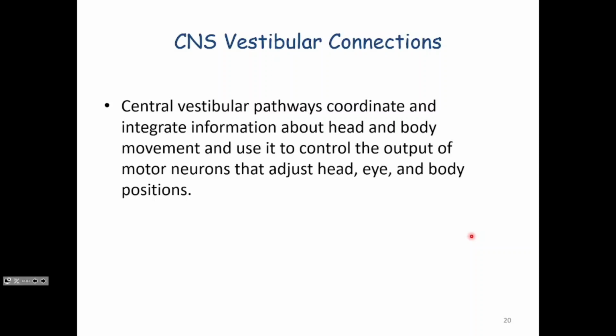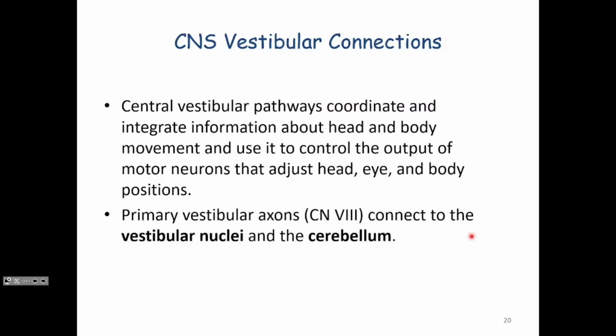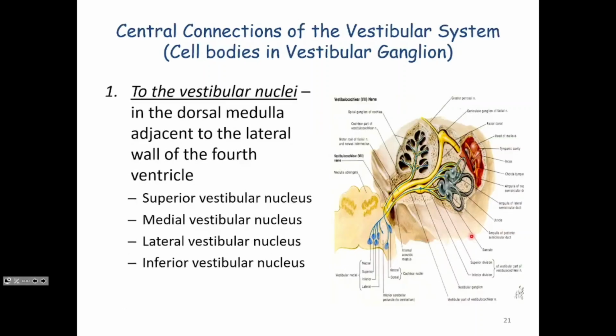vestibular nuclei. Now, there are 4 vestibular nuclei. You have the superior vestibular nucleus, the medial vestibular nucleus, the lateral one, and the inferior one. The 2 which we are going to talk about today, and have talked about quite a bit, are the medial vestibular nucleus and the lateral vestibular nucleus. Lateral we have already talked about when we discussed the vestibulospinal tract.